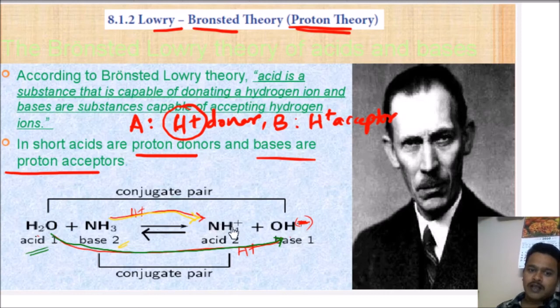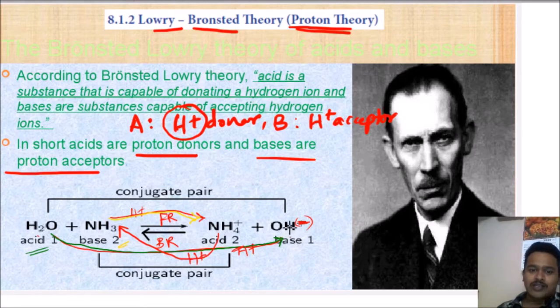For the backward reaction, NH4 plus goes to NH3. What happened here? It loses one H plus, so it is acid 2.